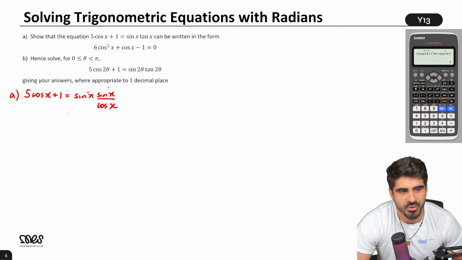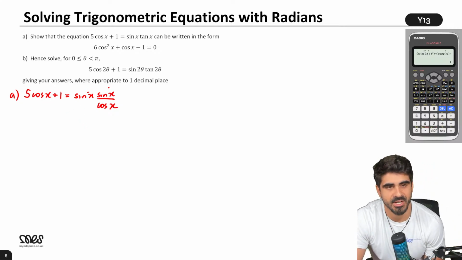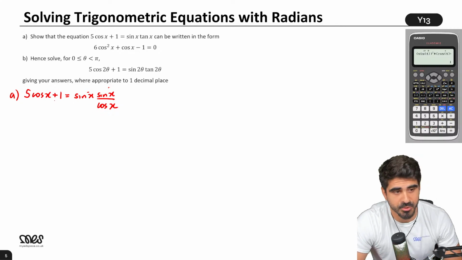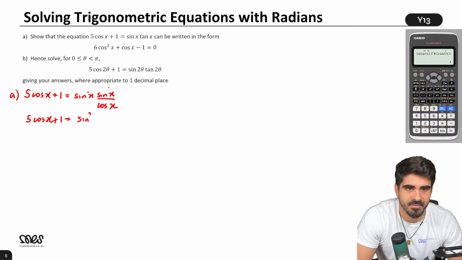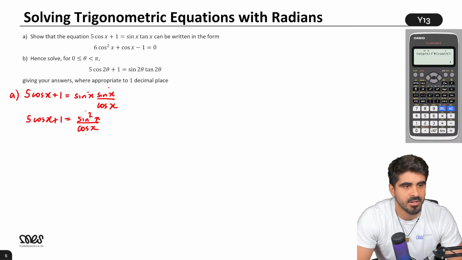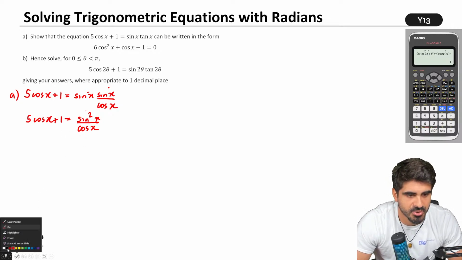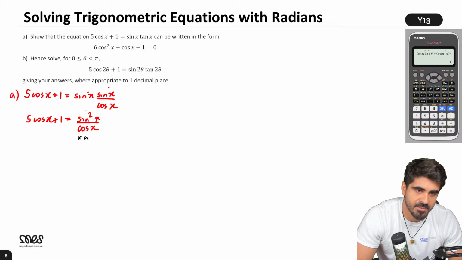Sines don't cancel, but what happens? Yes, 0. So it becomes sine squared. And then we'll multiply through by cos. So the first thing we should do is rewrite it so that it's sine squared over cos x. And then we multiply through by cos, so times this by cos x.